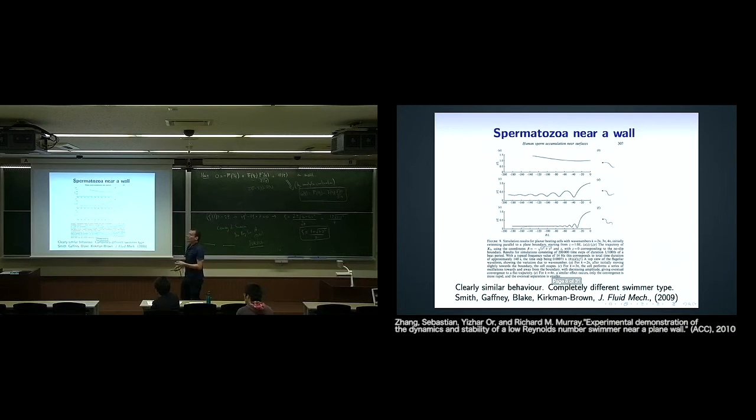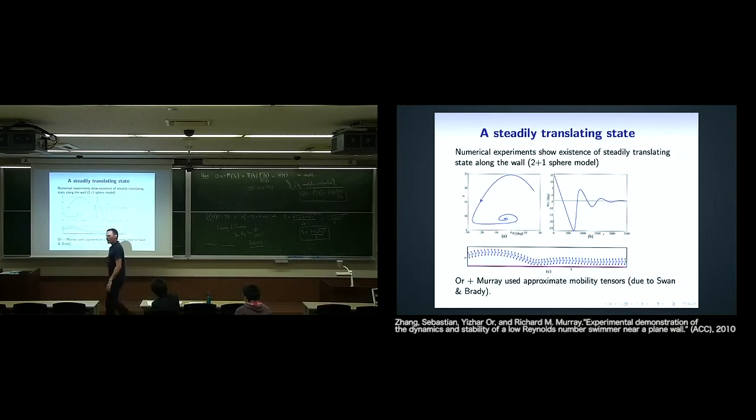Now, this was fascinating to me, because this appeared in 2009, 2010. But then I was reading the Journal of Fluid Mechanics, and people were studying sperm near a wall. They were doing numerical calculations again. Look at this picture by my colleagues, with spheres and rods, very artificial swimmers. That's the trajectory.